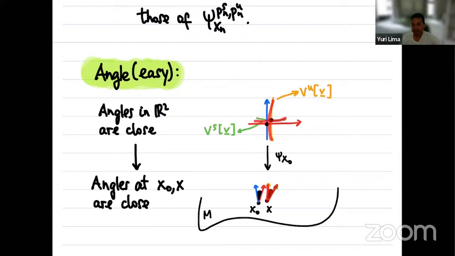So the strong assumption that we required on these almost parallel graphs guarantees that after applying the passing chart, the angle between the stable and unstable directions at X is very close to the angle between the stable and unstable directions at the center of the chart.